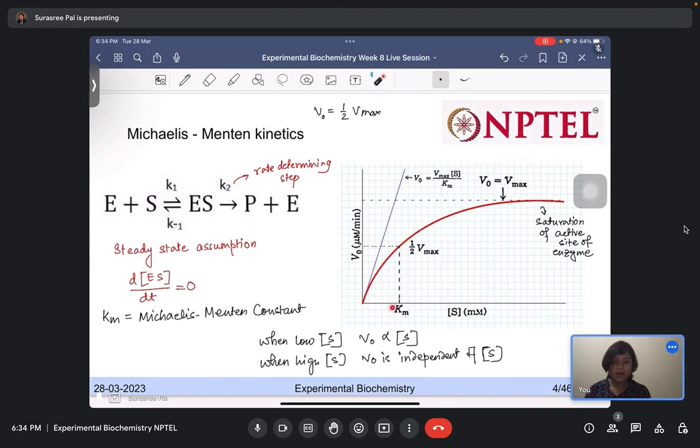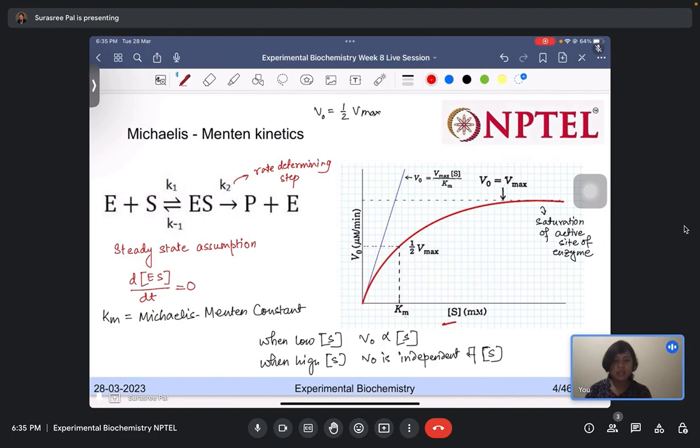Since there is less substrate concentration, the enzyme active sites are not saturated. That is why when we add more and more substrate, the enzyme velocity is increasing, because more and more enzyme active sites are being occupied by the substrate.